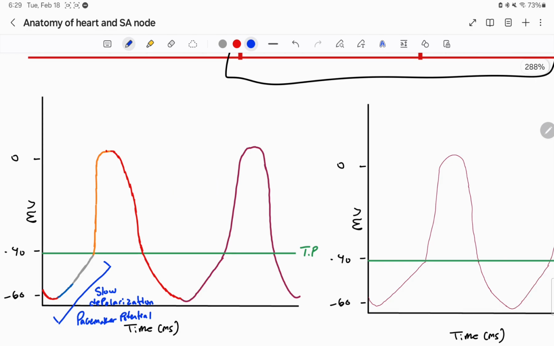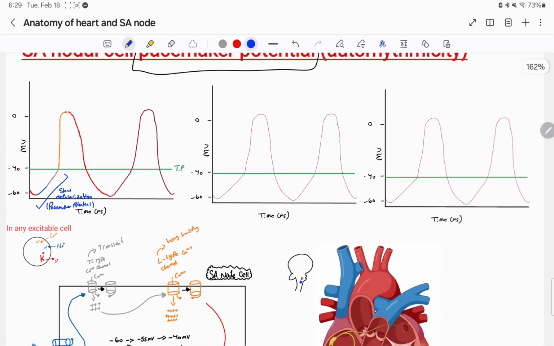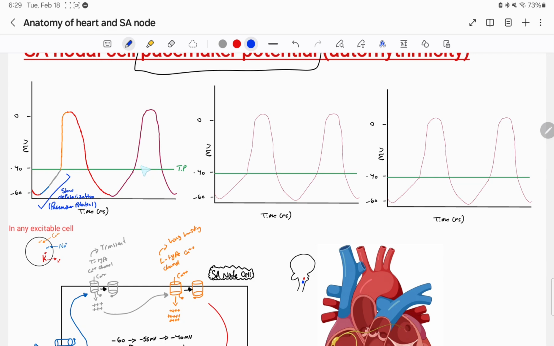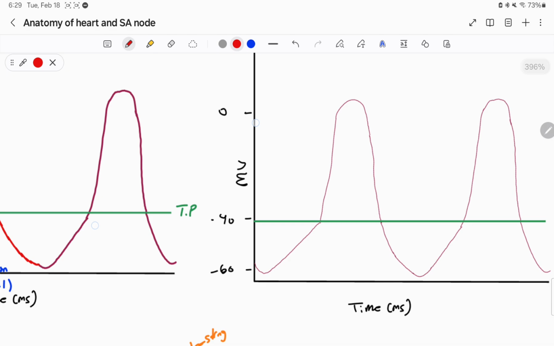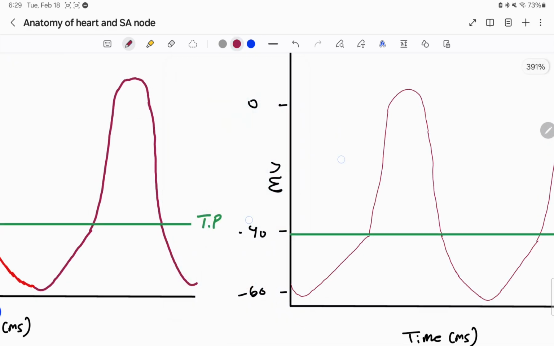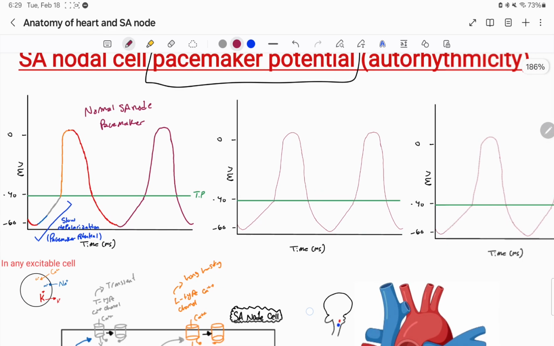All right? Okay, cool. Now that you know this, I can actually switch to the color that I originally drew this in, a darkish purple color, and we're gonna say that that color right now represents the normal SA node pacemaker. And you'll see why I'm doing this in a second.